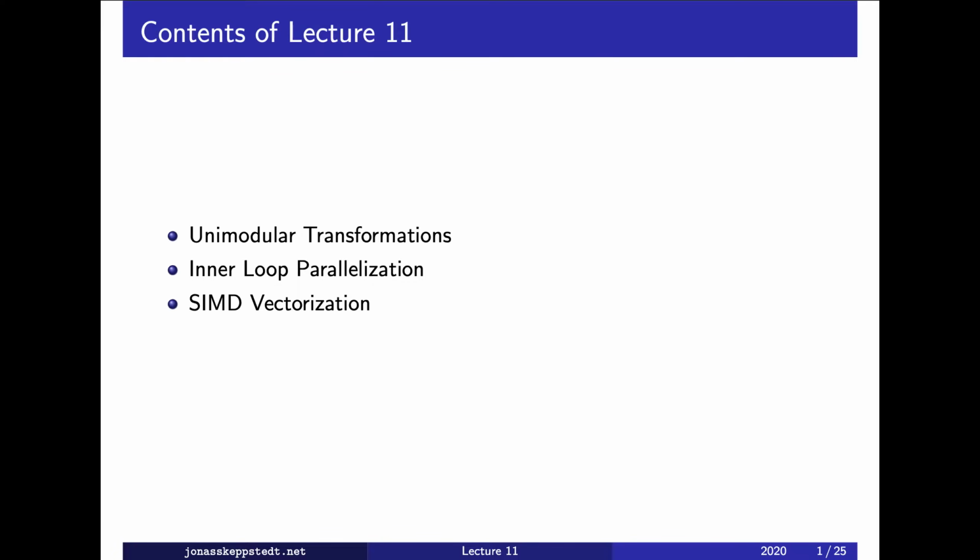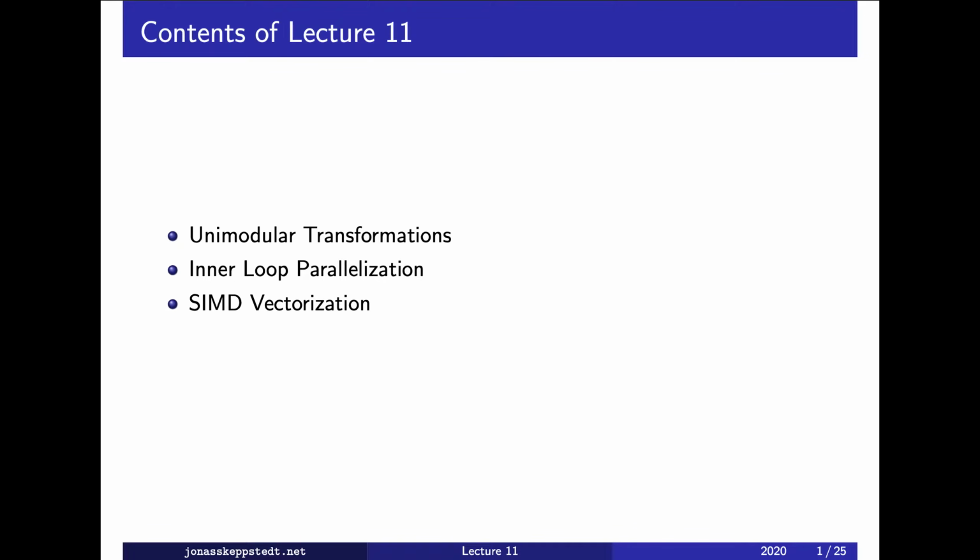One can use this for outer loop and inner loop parallelization. And in this course, we will look at inner loop parallelization. Outer loop parallelization is explained in the multi-core programming course, which is given next year.